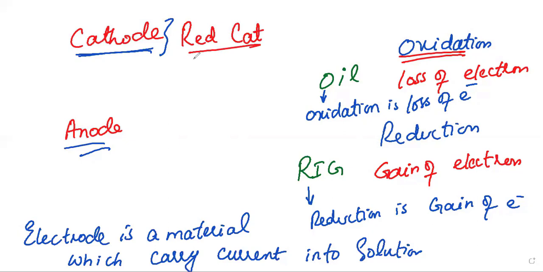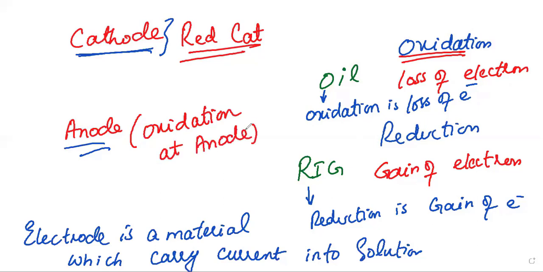It means reduction happens at the cathode, so oxidation happens at the anode. Always remember, at the cathode reduction takes place.